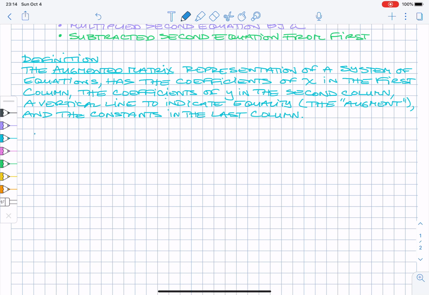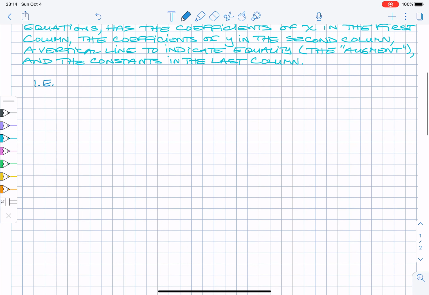Okay, so i.e., id est, if we have the system ax plus by is equal to h, and cx plus dy is equal to k, this is equivalent, meaning they're both equivalent, to having the coefficients of x in the first column, namely a and c.